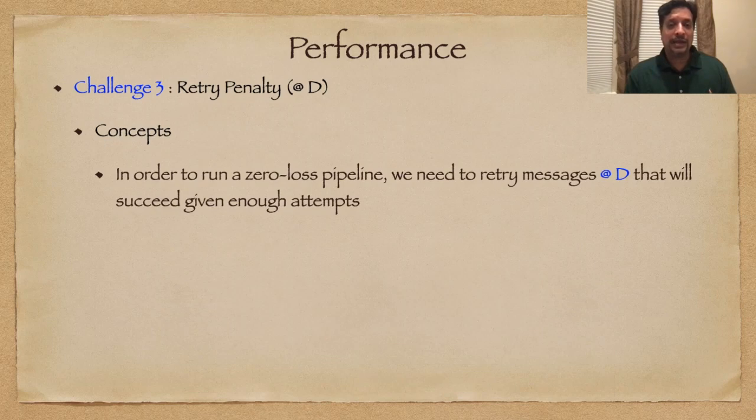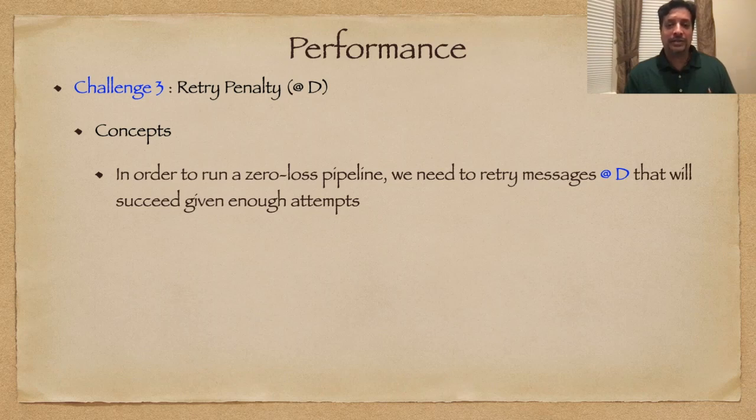Last but not least, we have something called the retry penalty. In order to run a zero-loss pipeline, we need to retry messages at D that will succeed given enough attempts. As mentioned earlier, we have no control over the remote endpoints. So there could be transient failures, there might be throttling, there might be other things going on that we have no control over.